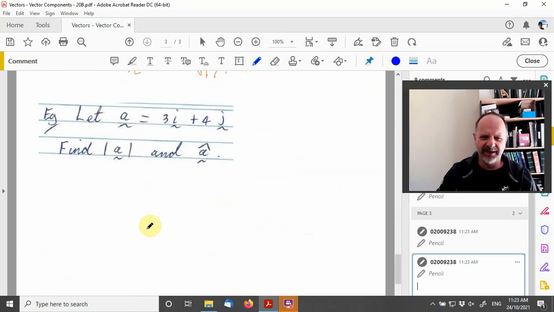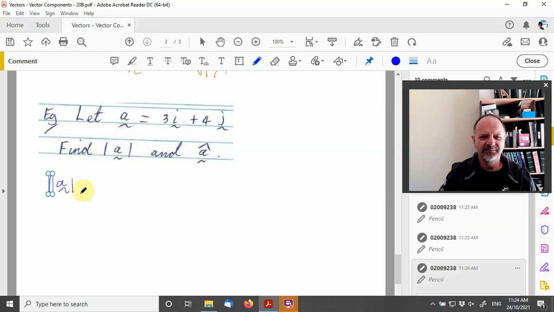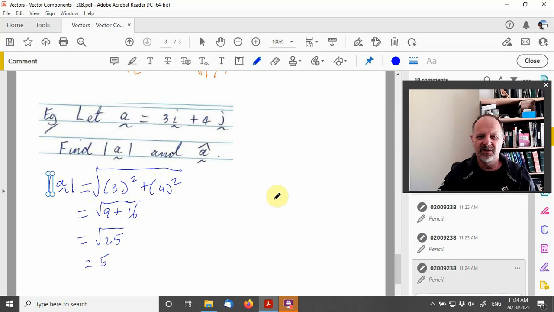Find the magnitude of A and then A hat, so the unit vector in the direction of A. The magnitude of vector A is the square root of the i component squared plus the j component squared, square root 9 plus 16, which is 25, which is 5.